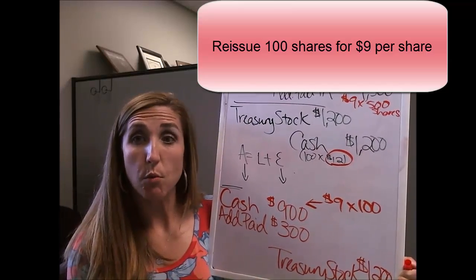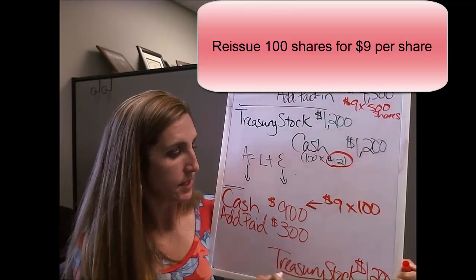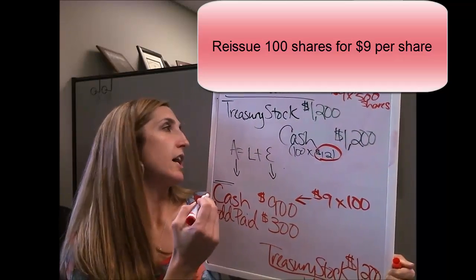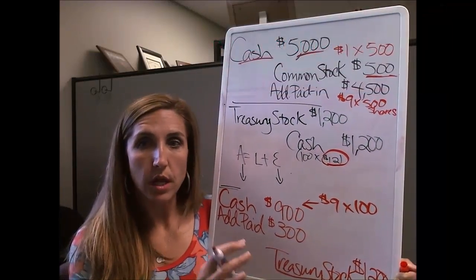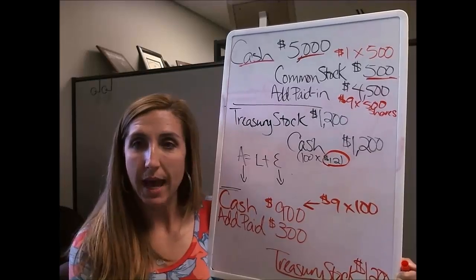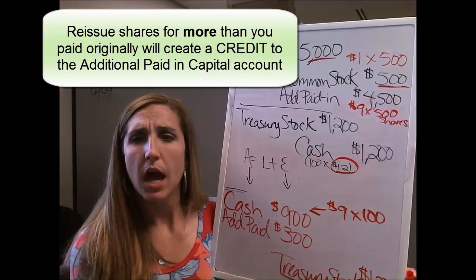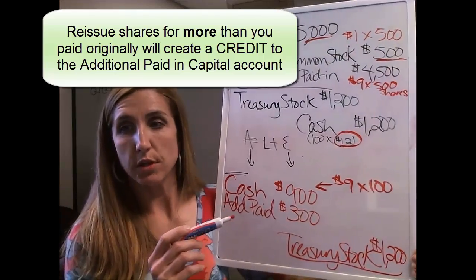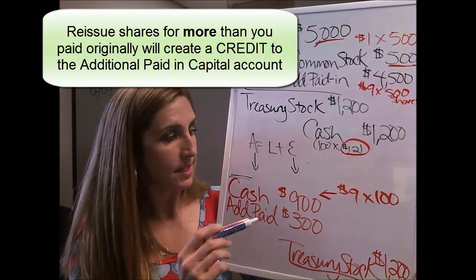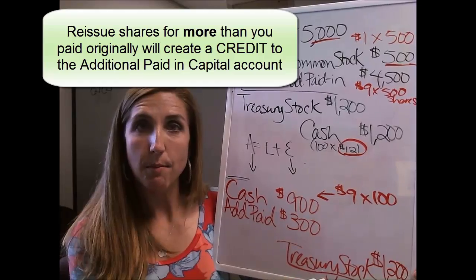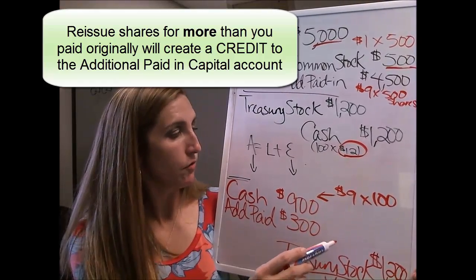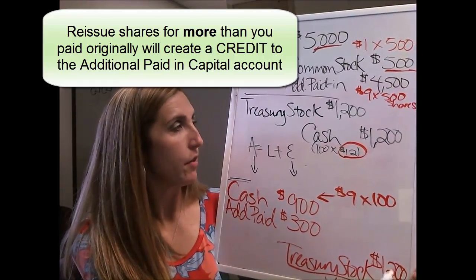If you had sold it for more than what you paid for it, this would stay the same. You would increase your cash, and your total to additional paid-in capital would go up. So again, this is an example of when you have sold your Treasury Stock for less than what you paid for it. When that happens, your initial value is what comes in and out of the Treasury Stock.